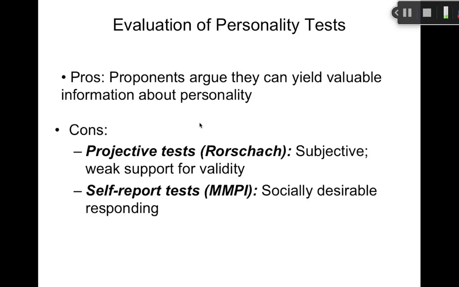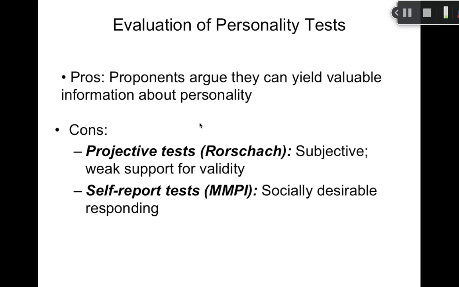The cons, for example: the projective test, the Rorschach in particular, has been criticized for being very subjective, both on behalf of the test taker and the test administrator. Really anybody can say anything they want in response to any of those ink blots.